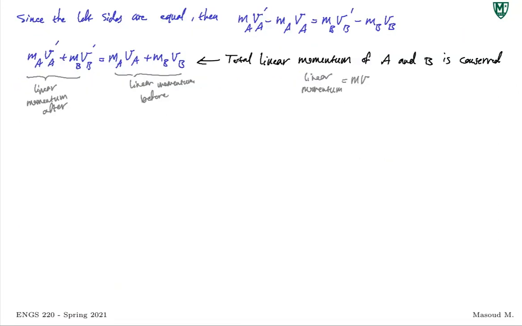All right. Now next we're going to look into possible outcomes. This is good. We know that we're going to have a conservation of linear momentum during the impact, but as I said, we want to know more. We want to get a sense of the dynamics of the system.